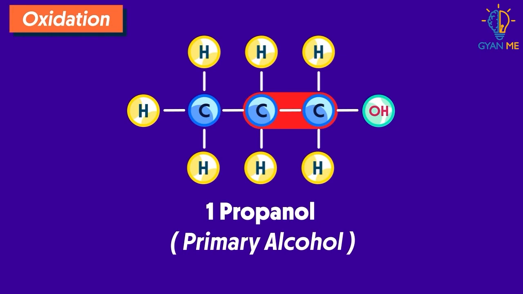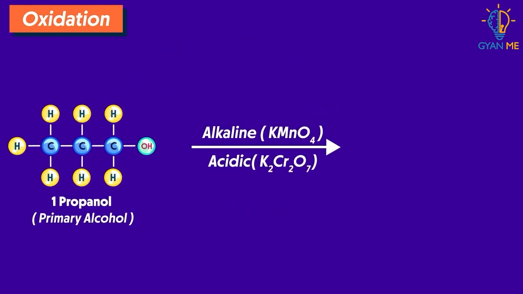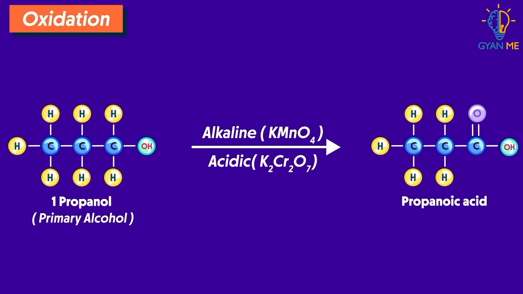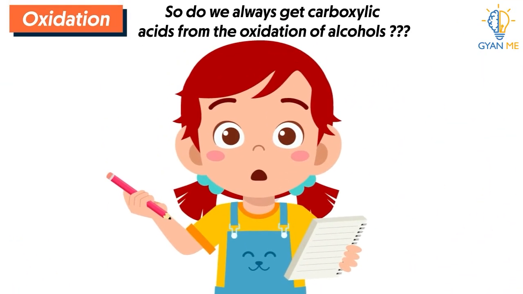So coming back to our reaction of 1-propanol. When it reacts with alkaline potassium permanganate or acidic potassium dichromate, it gets oxidized and forms propionic acid, also known as propanoic acid. So do we always get carboxylic acids from oxidation of alcohols?